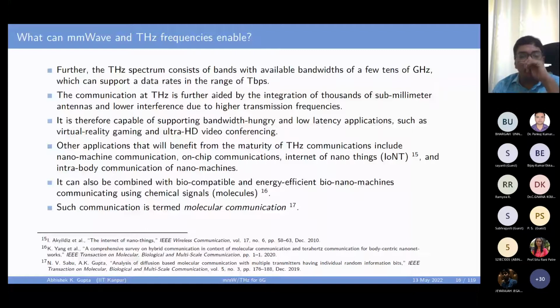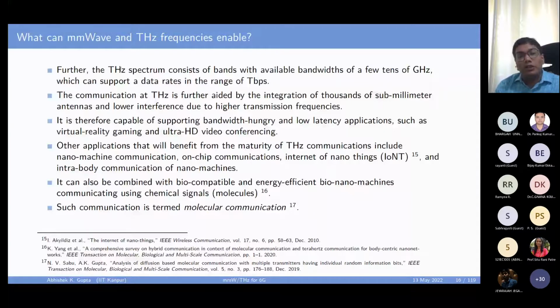Because they are very small, conventional RF frequencies and antennas may not work because they will make the system really big. So one potential way these nano machines can talk to each other is via the use of terahertz and via molecular communication.